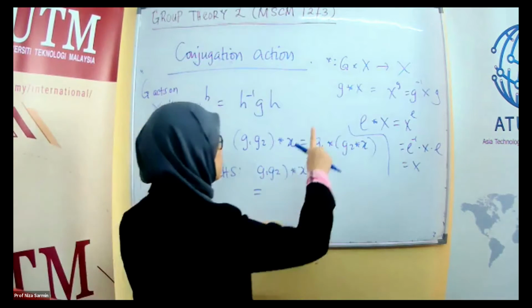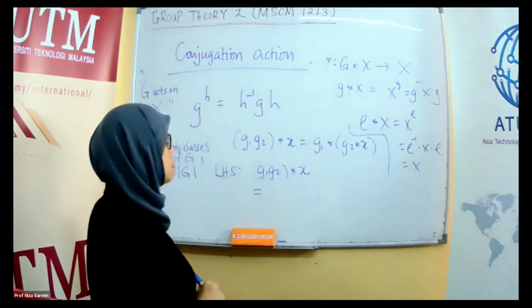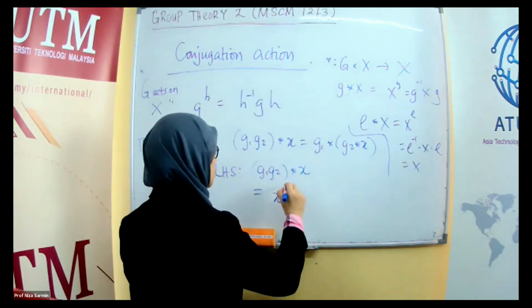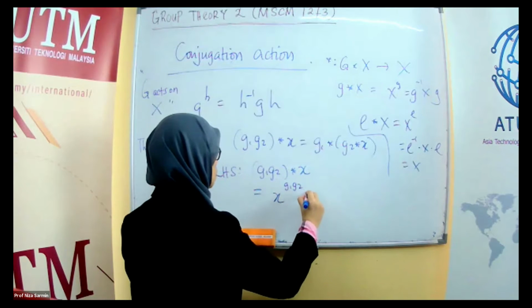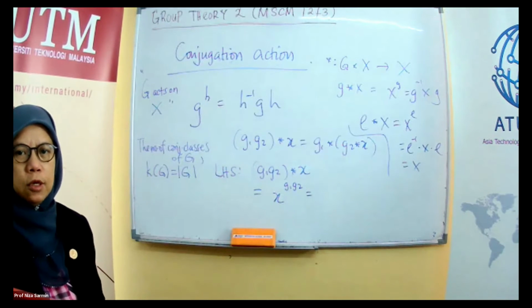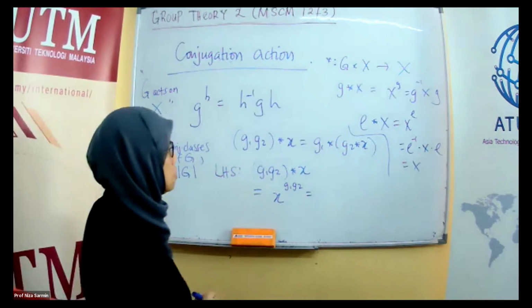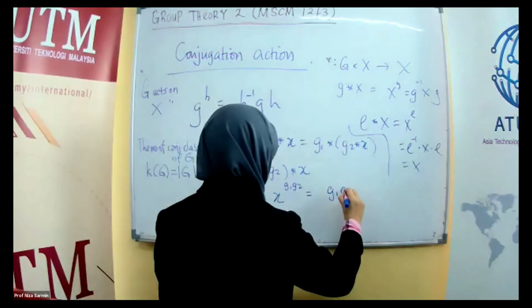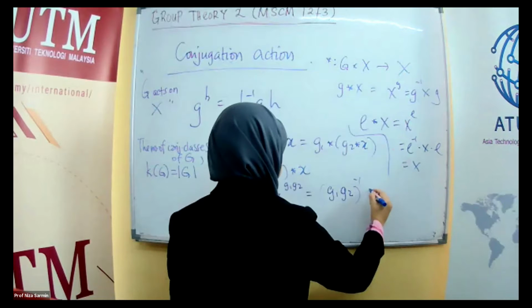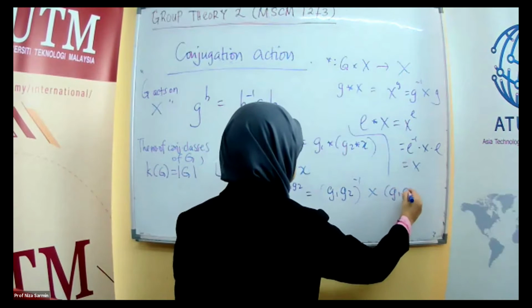This is the formula. X to the G1, G2, which is equal to G1, G2 inverse X G1, G2.